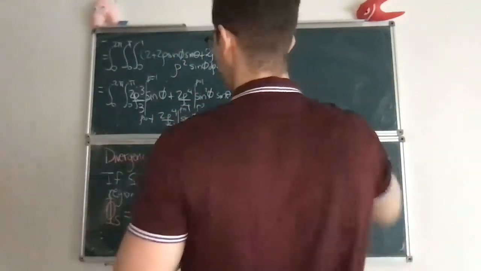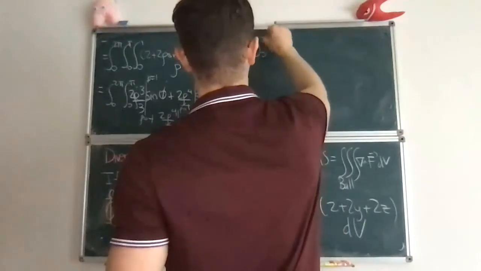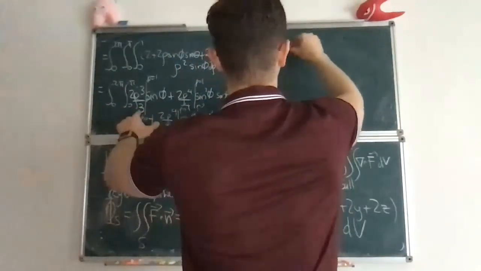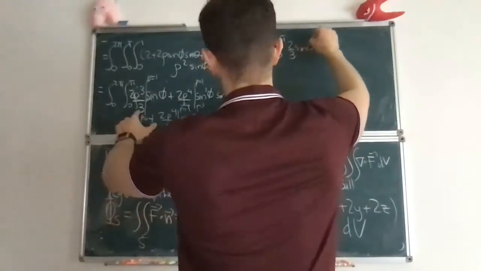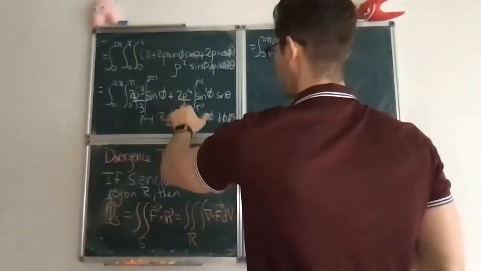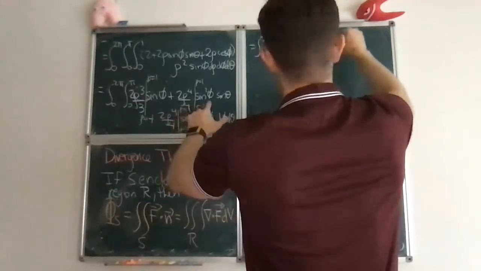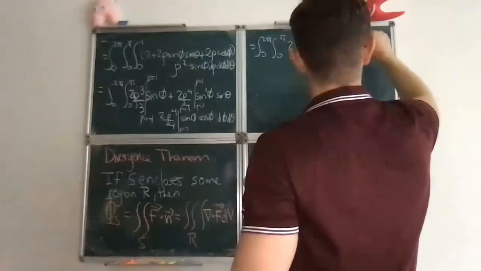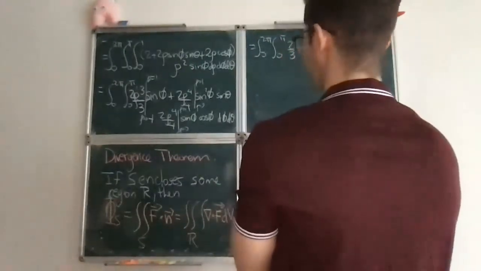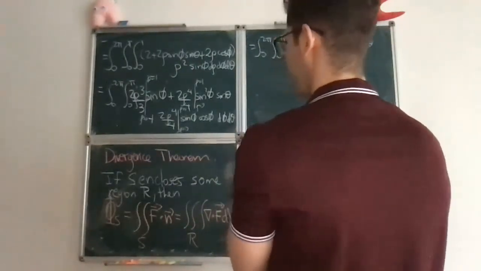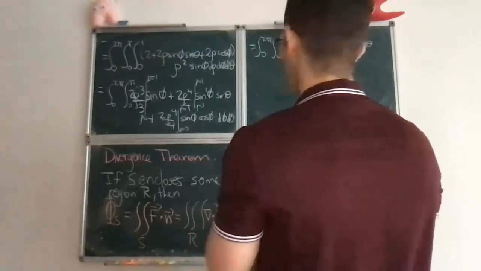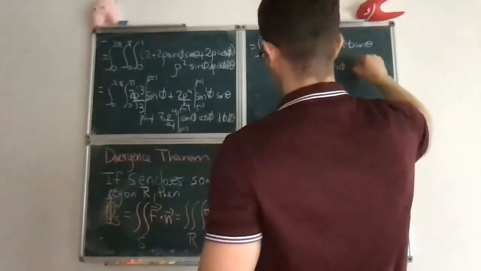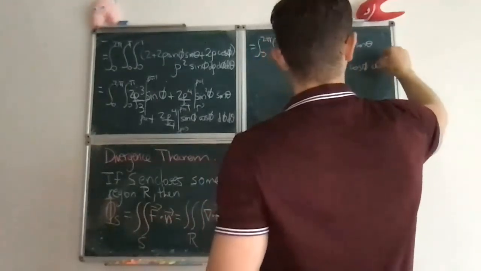So this gives you the integral from 0 to 2 pi, integral from 0 to pi of 2/3 sine of phi plus 1/2 sine squared of phi sine of theta plus 1/2 sine of phi cosine of phi d phi d theta.